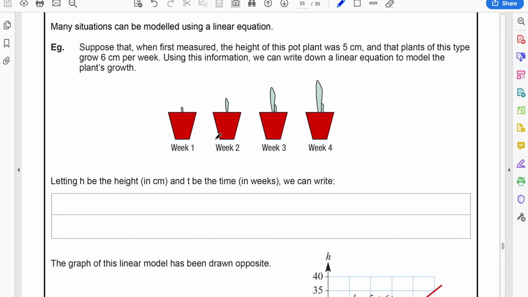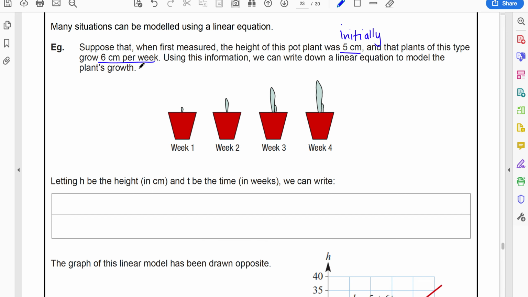So right at the beginning, before we see the growth, we've got a 5 centimeter plant. So I'm just going to write initially, because that's going to be an important point as we continue. And we're also told that plants grow at 6 centimeters per week.